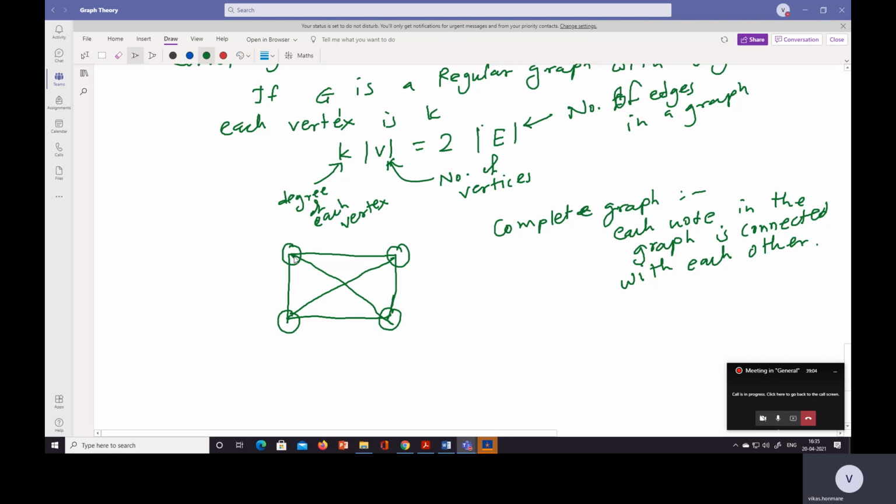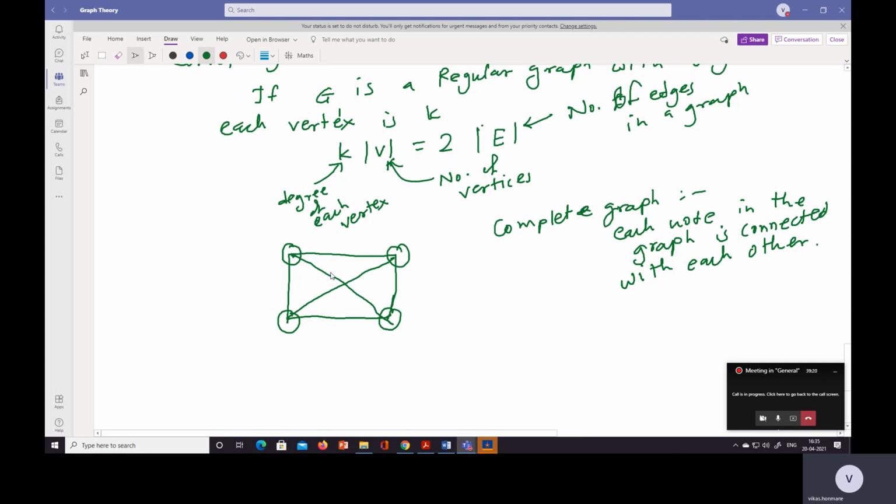Okay, so consider this one node, it is connected to all other nodes. This is one node, it is connected to all other nodes. Okay, now we have to see this corollary.